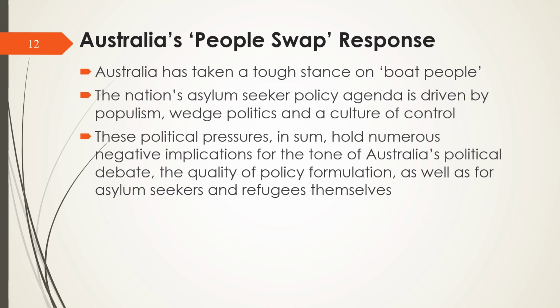As boatloads of asylum seekers increase, this fuels populist antipathy towards asylum seekers and resentment of the government. With populist sentiment flourishing, wedge politics now come into play. For the Gillard government in particular, this left it politically weakened and lacking control over the political agenda.